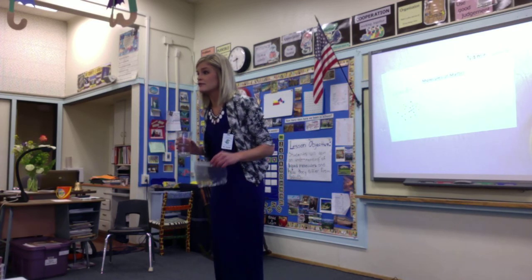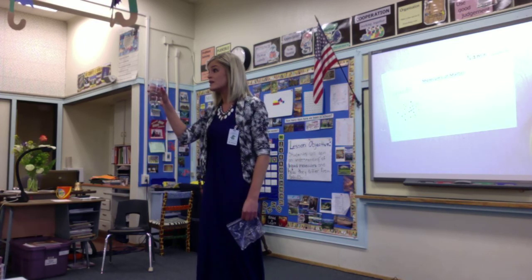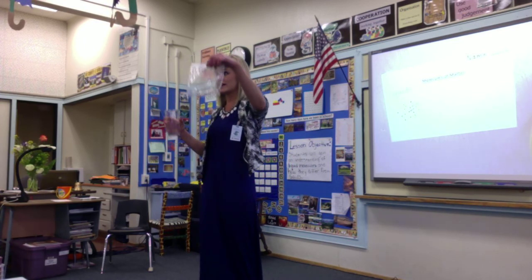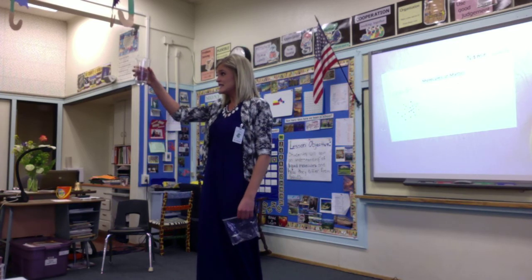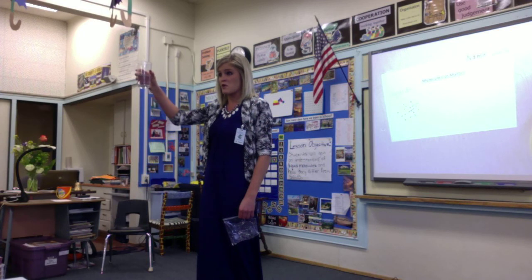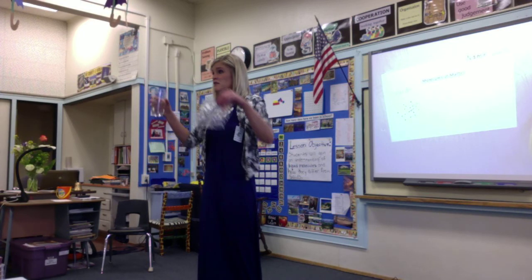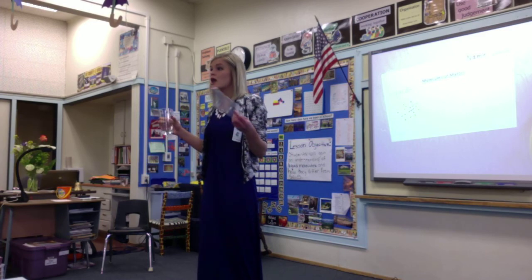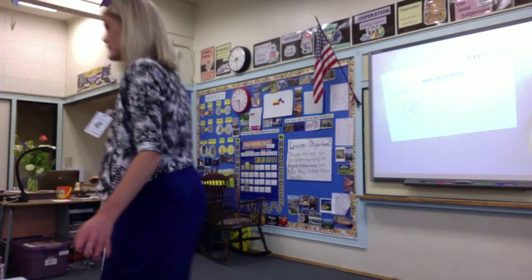What did you observe when I poured the liquid from this bag into this cup? Did I lose any liquid or gain any liquid? No. From pouring it from this bag into this cup, did the amount of water become more or less in this cup than it was in this bag? No. Maybe because I didn't get all of it, or if I would have spilled some, which is possible. But no, the amount of liquid always stays the same.